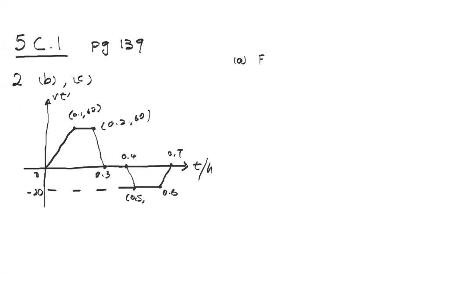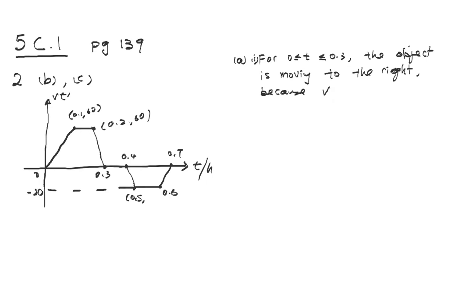For number one, for t between 0 and 0.3, the object is moving to the right because the velocity is greater than 0. I give the reason because the graph is above the t-axis, so v(t) is greater than 0.